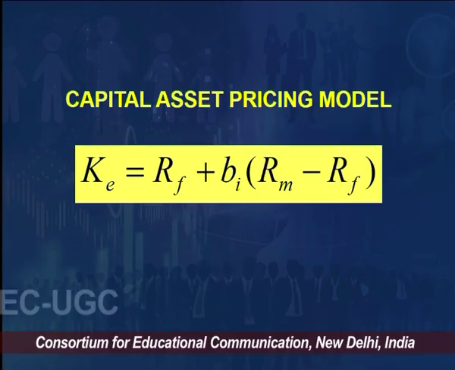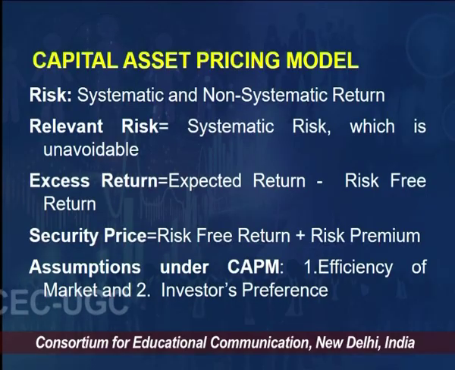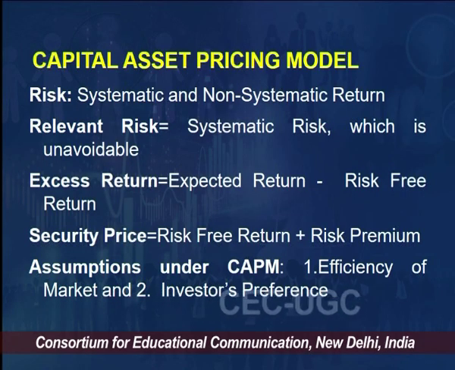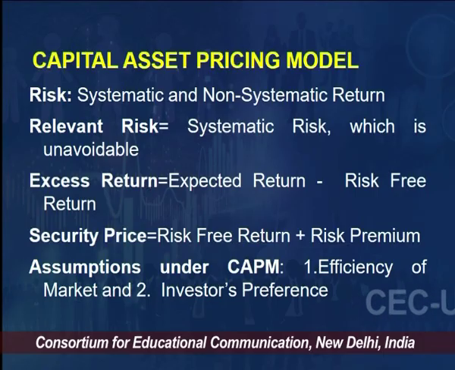So the question is, what is beta? Beta is an index which actually relates the movement of a particular security vis-a-vis the overall market return, or average market return. So how the shares of X company are responding to the average return in the market, how the share price of Y company is responding to the overall return on the market portfolio.